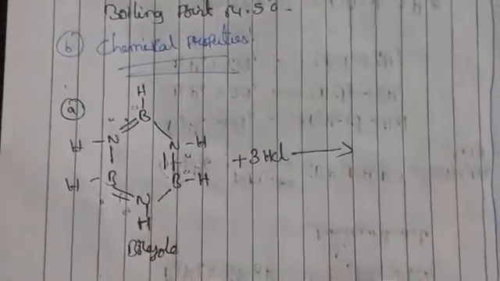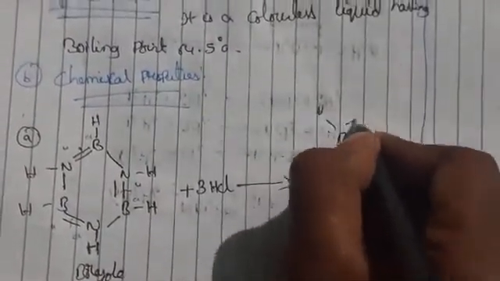So this is the compound we are getting, a cyclic trihalo compound, like trihalocyclohexane. So this is a hexane ring, with B, H, Cl.